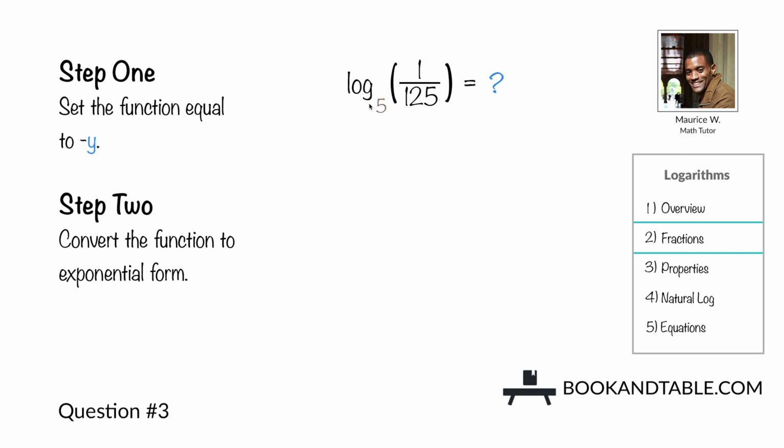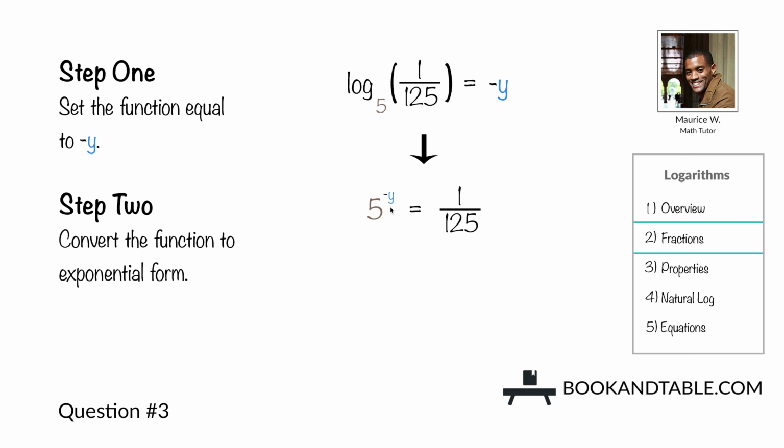We're given log base 5 of 1 over 125. Since we have an integer base and an argument that is a fraction with a numerator of 1, step 1, we want to set the function equal to negative y. Now step 2, we want to convert the function to exponential form, giving us 5 to a power of negative y is equal to 1 over 125.